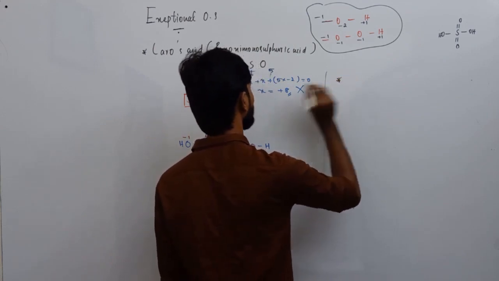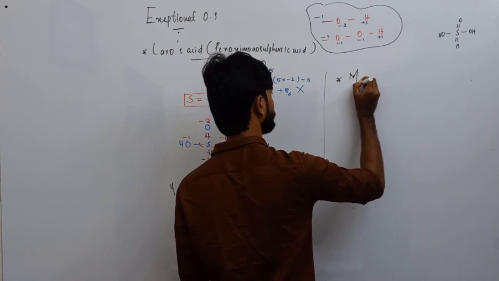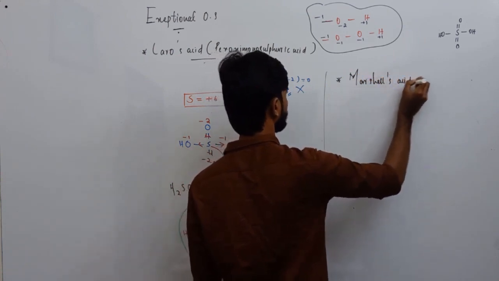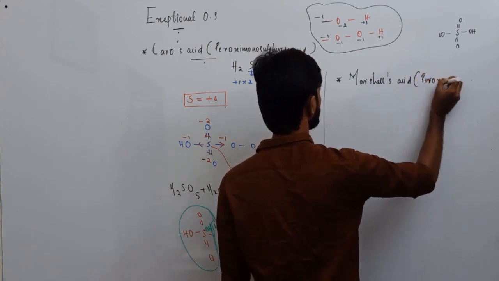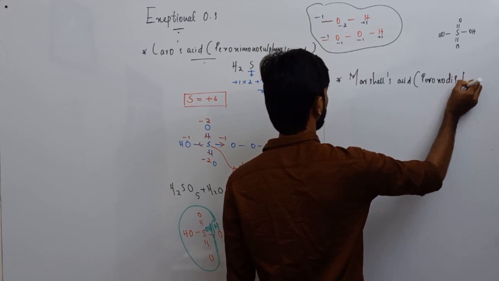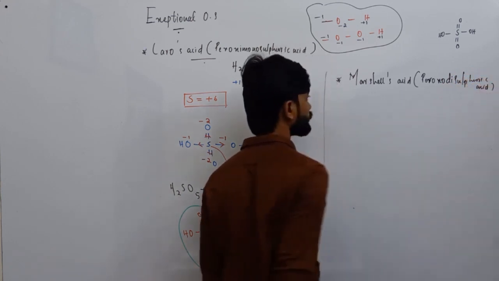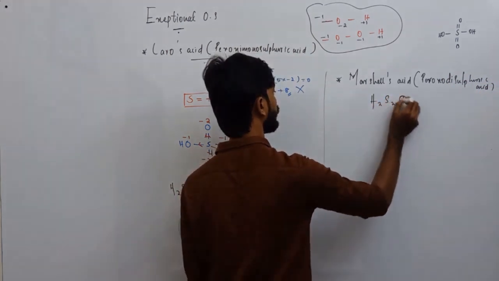Exactly in the same fashion, we can discuss Marshall's acid also. Marshall's acid is known as peroxodisulfuric acid, and the formula will be H2S2O8.